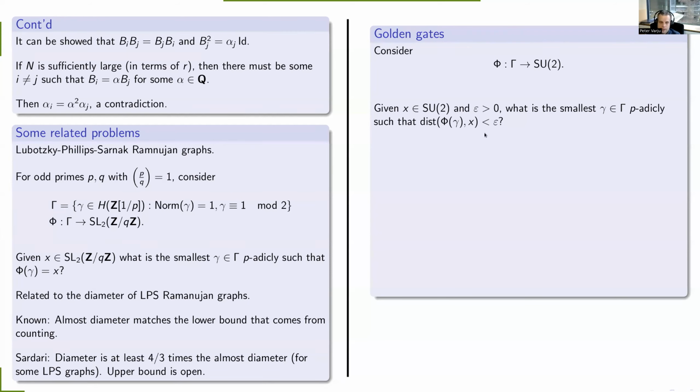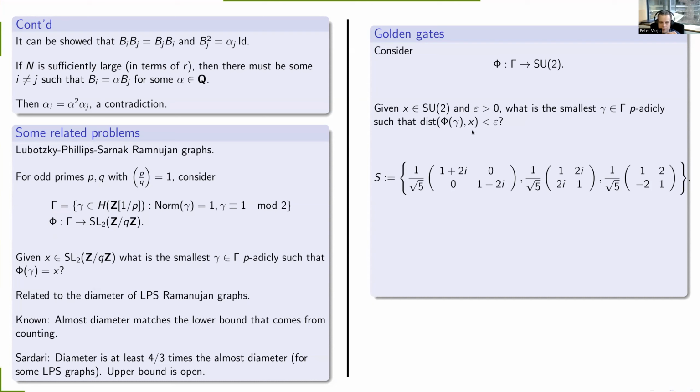So now in this setting, you look at the Archimedean distance in the approximation instead of a prescribed reduction modulo q, and you want to minimize the p-adic absolute value for the lift. But this is a completely analogous problem.